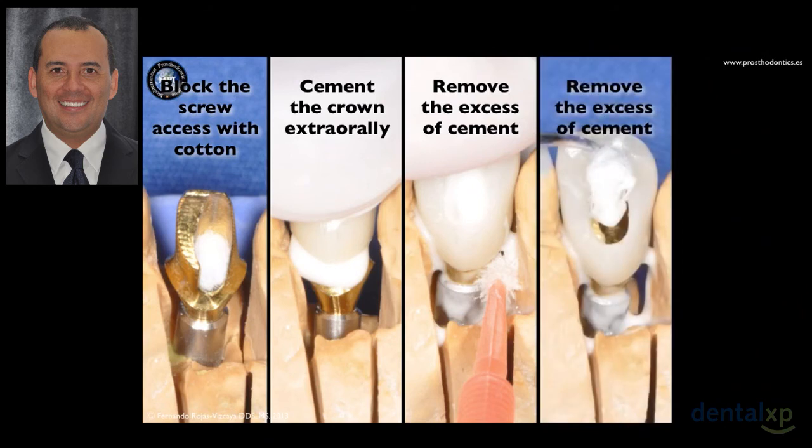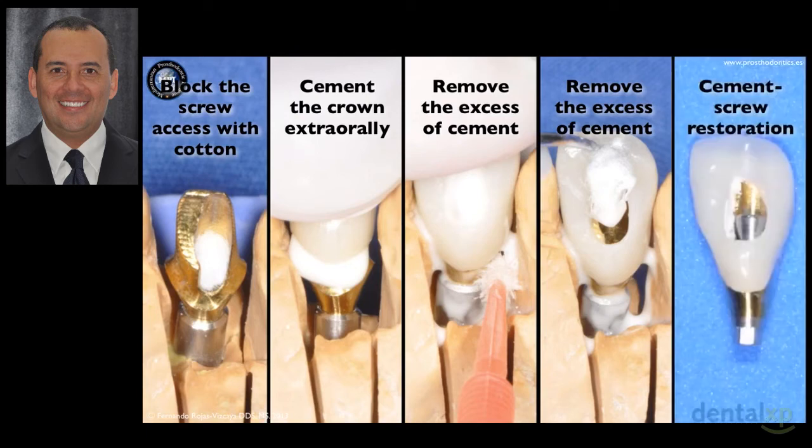Now you can remove the cotton from the area that you blocked before, and now you have a restoration ready to screw into the implant.